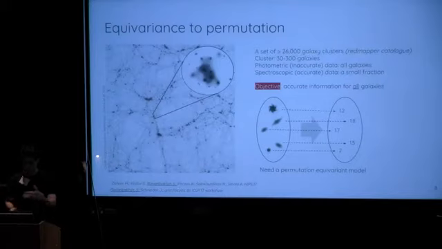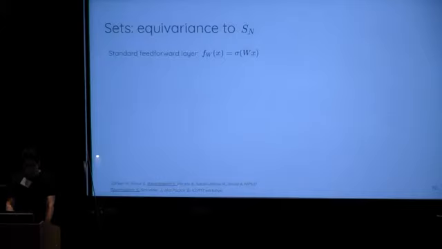So we can do this with a model that I'll tell you about next, but in this case, for example, we could improve what cosmologists were getting for the prediction of the redshift. So equivariance to the set of all permutations of the input. So take the standard feed-forward layer. So we have sigma nonlinearity applied to the product of the weight matrix and the input vector, right?